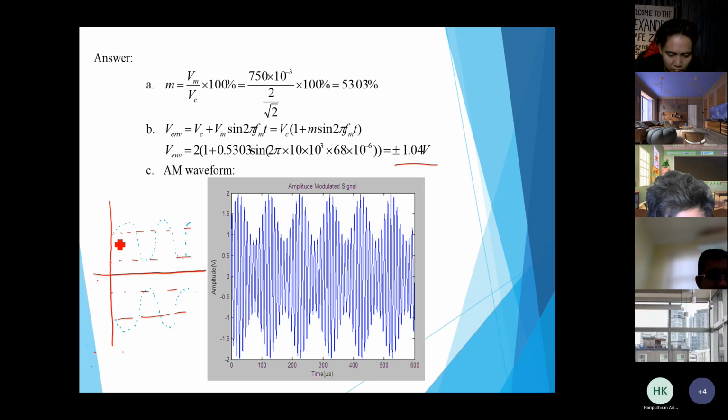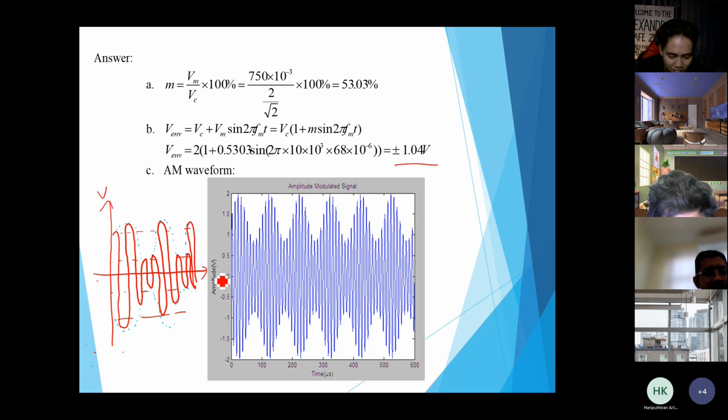Okay, so saya lukis. So lihat di sini, saya tak langgar saya punya garis titik. Okay, dia bentuknya. So garis titik-titik biru tu saya gunakan untuk reference supaya dia nampak bentuk sine. Okay. So ini adalah V versus time.